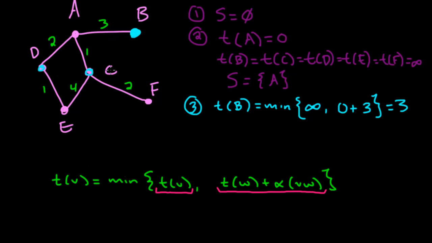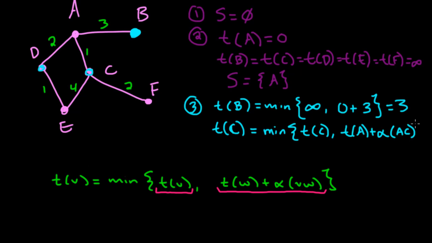We've done it for B, and now let's take a look at C. T of C will be equal to the minimum. Maybe I'll write it out a little more carefully. This is the minimum of what T of C used to be, or what T of A was, together with the edge distance from A to C. So AC, like that.